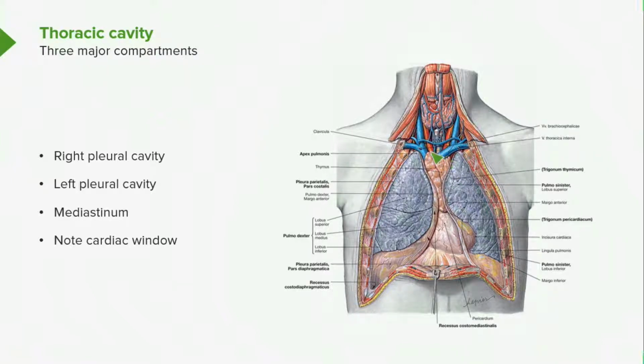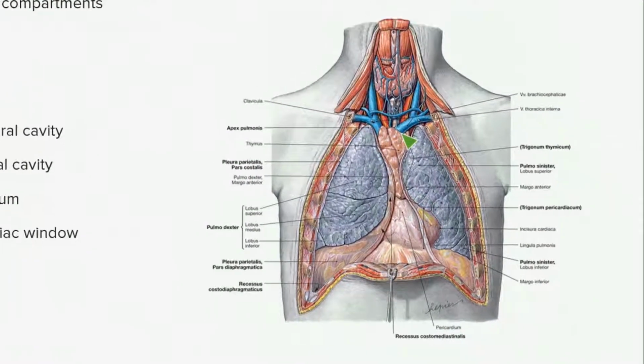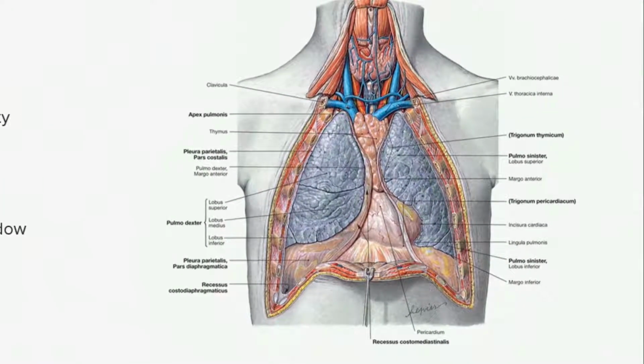Between our two pleural cavities, we have this area standing in the middle of the thoracic cavity. This is the mediastinum.